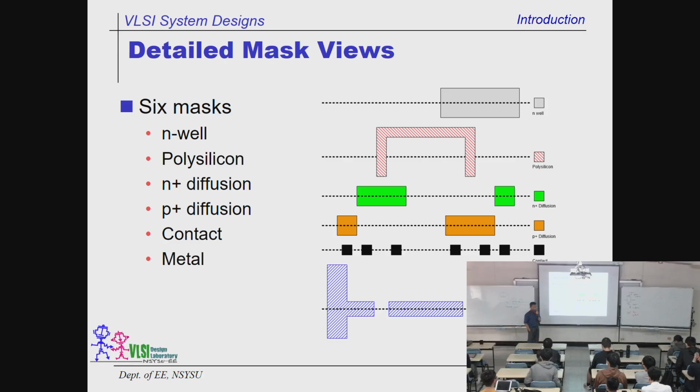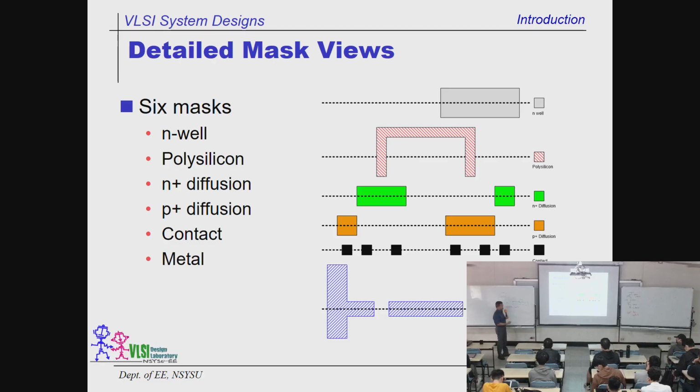According to what they told me, for a very simple 0.18 design, they need 33 masks. Each mask costs them around 3,000 US dollars. It's very expensive. Anyway, this is just an example from the textbook.